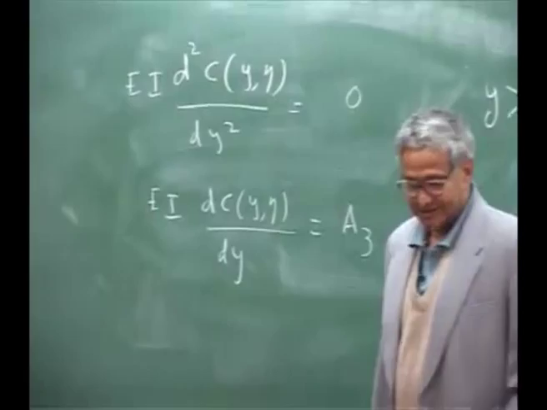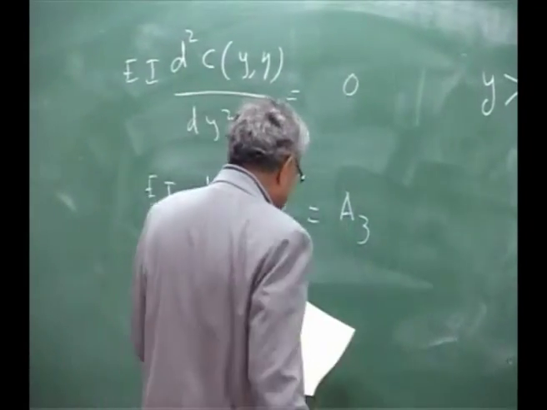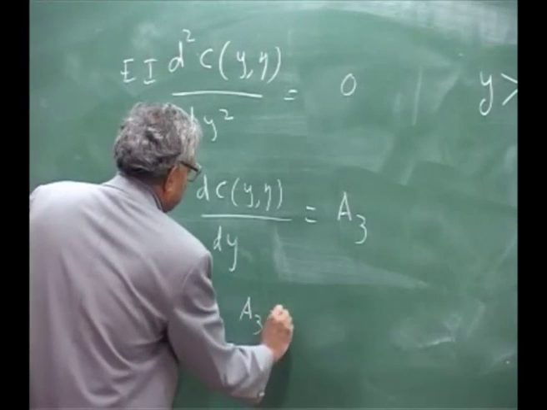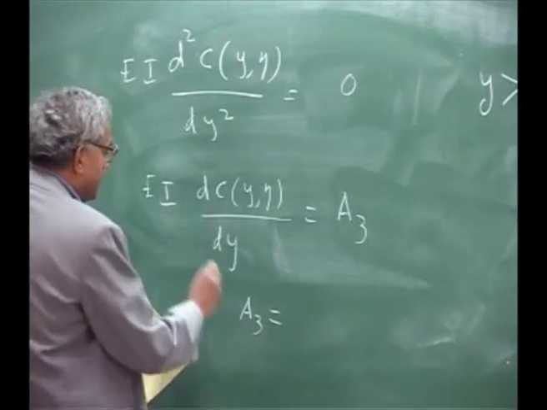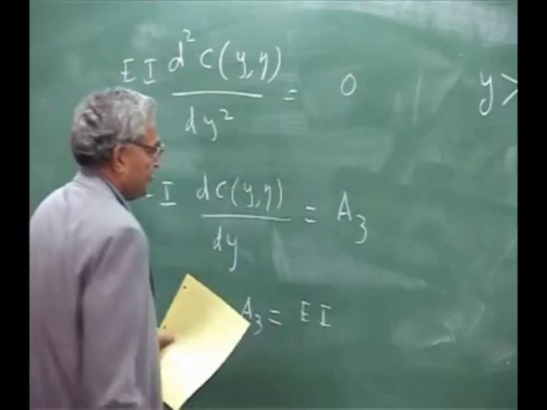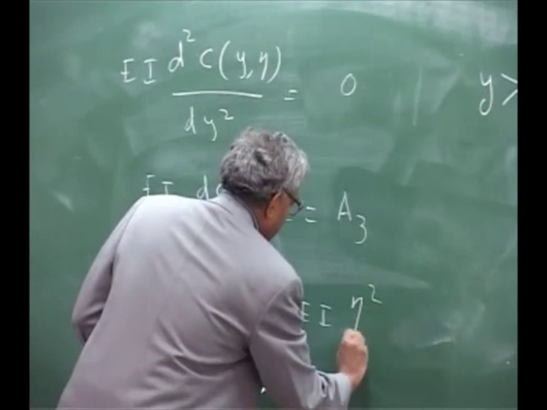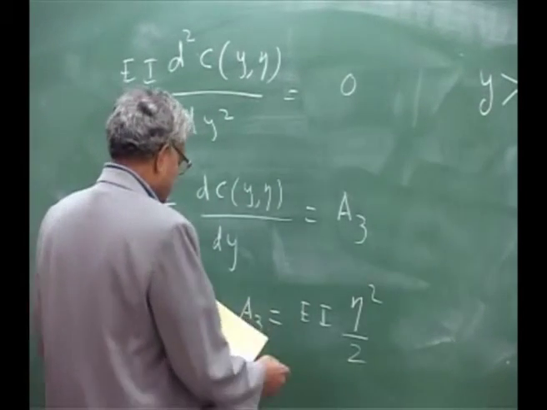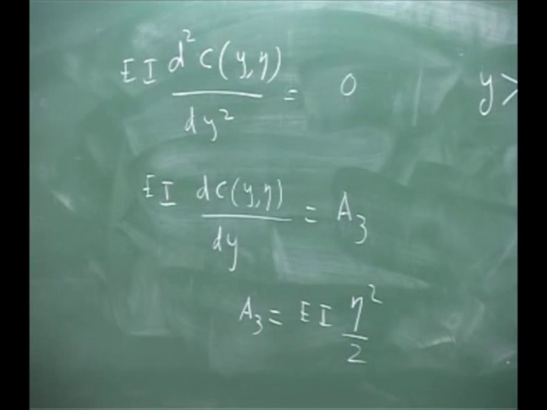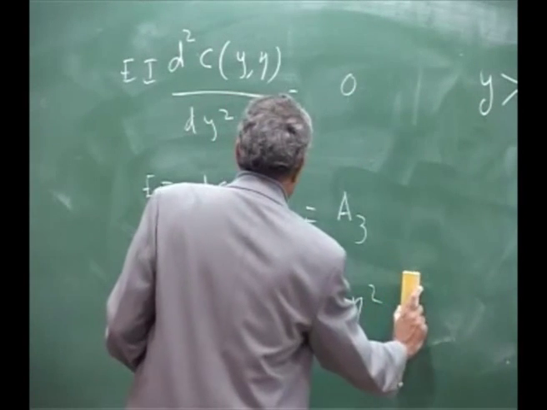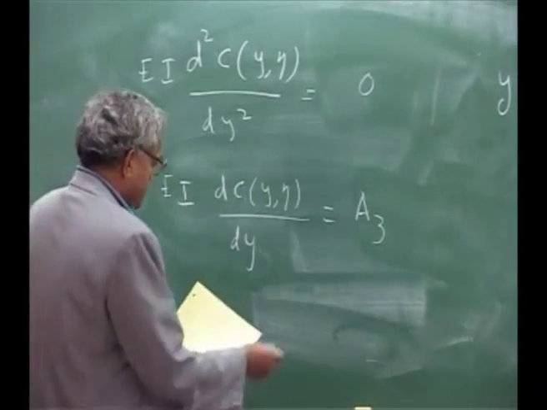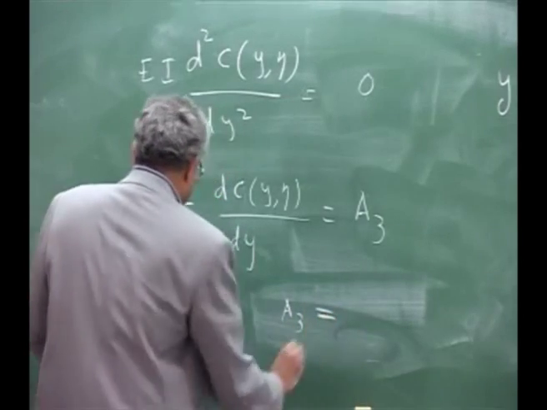Of course EI is brought in here, so you will have your a3. Is it correct?